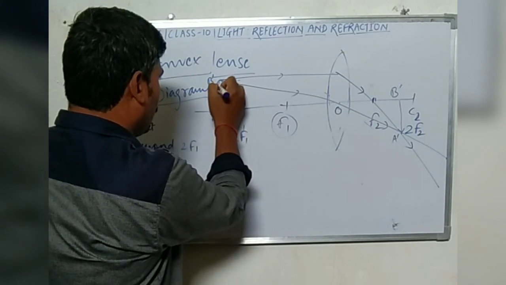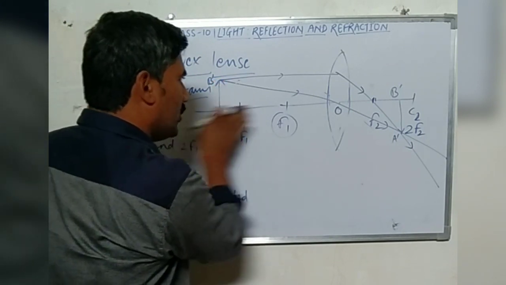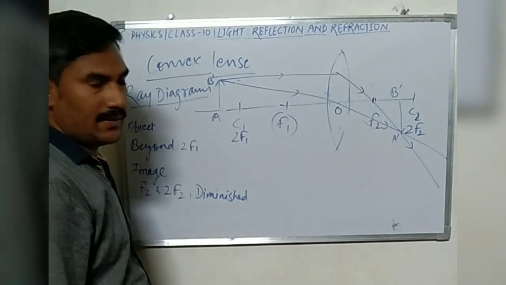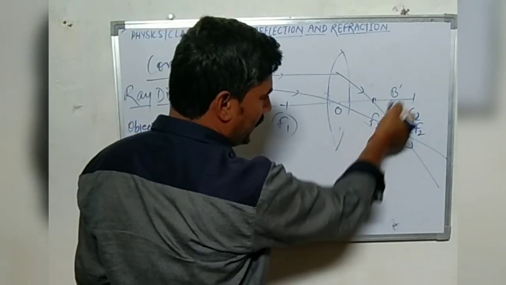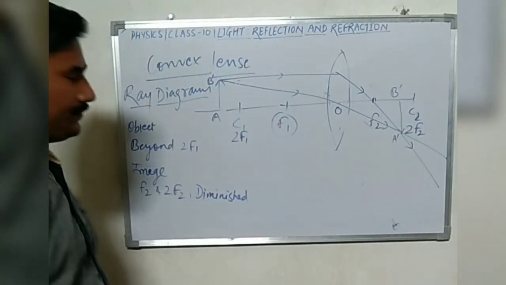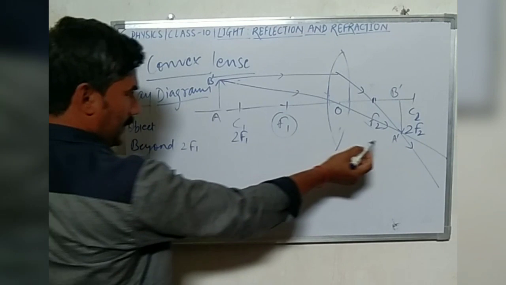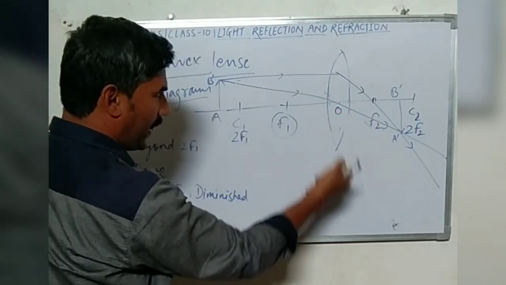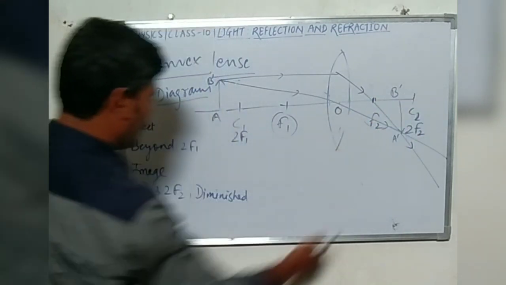We have the object standing just above the principal axis, but here we can see that the image formed is below the principal axis, and the head of the image is lying on the principal axis.